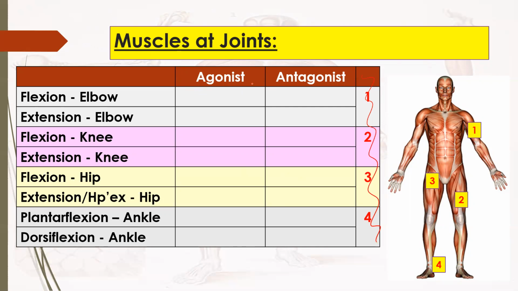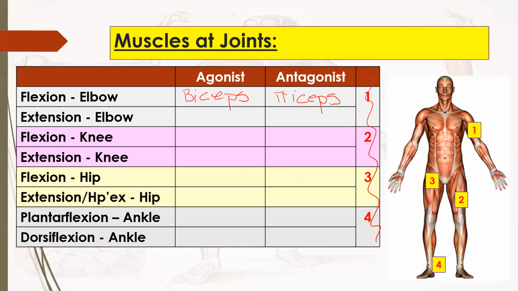If you could do that all the way through, so for example, just so we're clear, I'm going to write it, although my writing is going to be terrible with this funny little pen. Flexion, the agonist is the biceps. The antagonist will be the triceps.